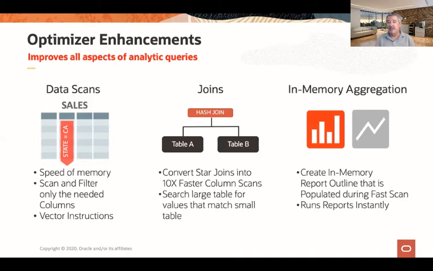And then we have something called in-memory aggregation or vector group by, where we can do the group by aggregation during the scan of the data as well. I like to say that the fastest Database In-Memory query is one where you can do all of the processing during the scan of the data and just return the results: the filter predicate evaluation, maybe some aggregations, any of the joins and any group bys.